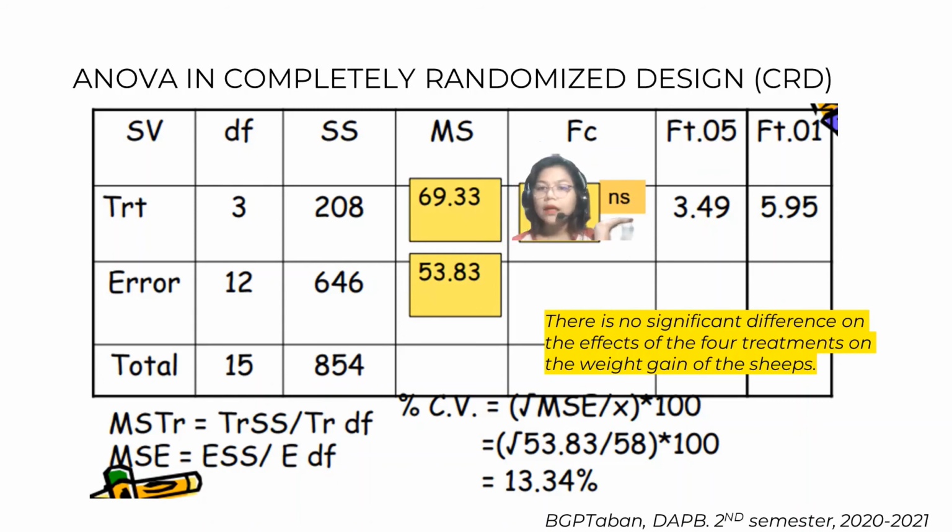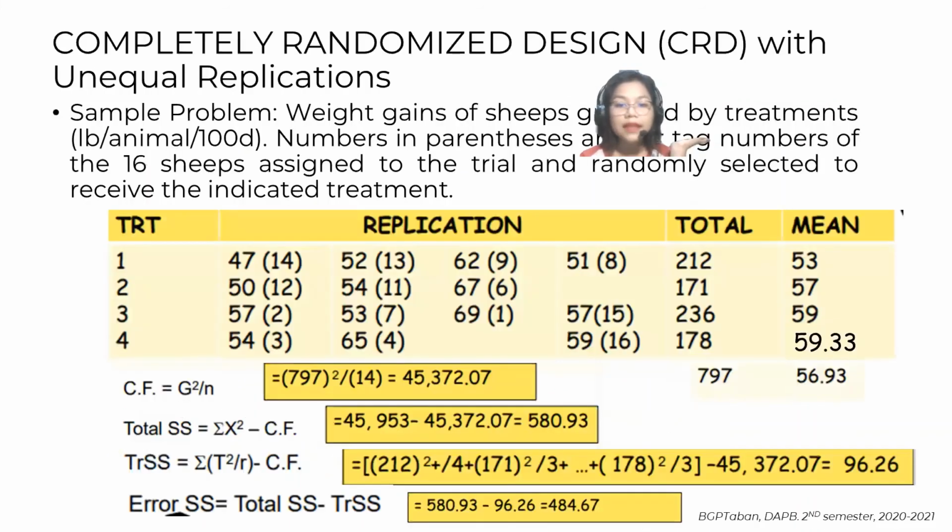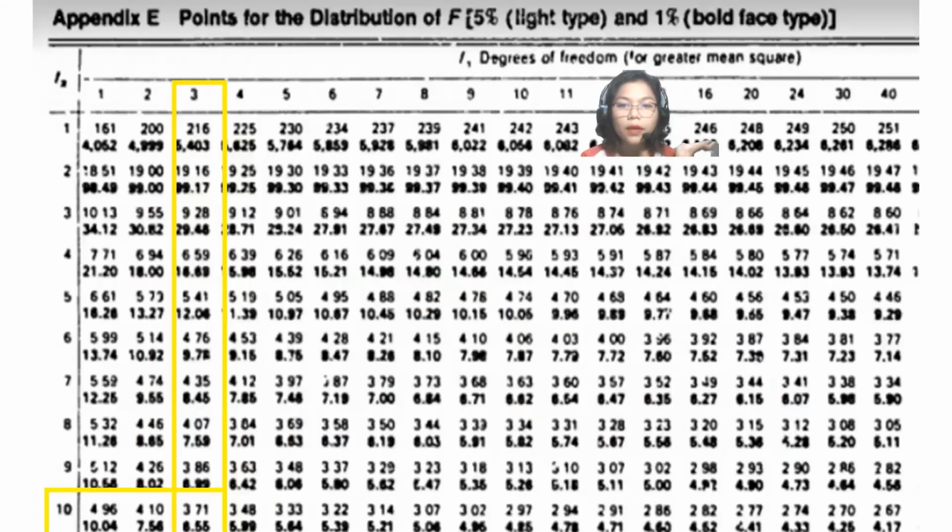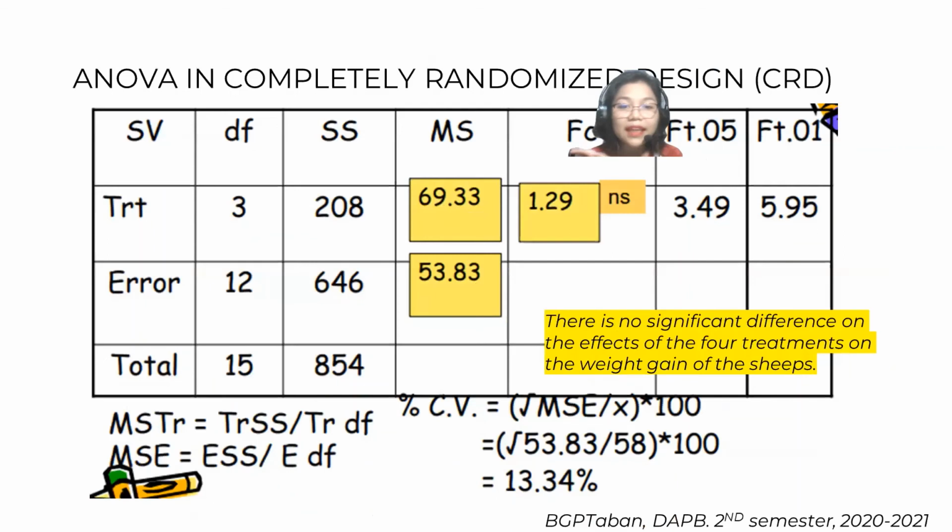Ito po pala. So, tignan po natin sa ating F tabulated. Okay? Titignan po natin sa F tabulated natin. So, ito po ang ating F tabulated. Pakatandaan po natin na ang ating pong gagamitin ay ang ating treatment DF at saka error DF.